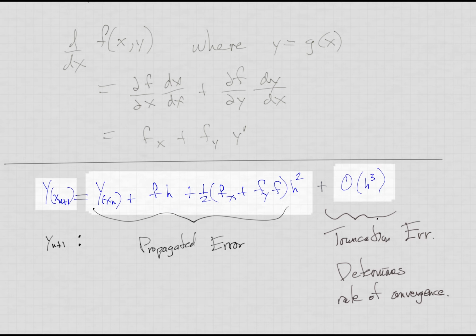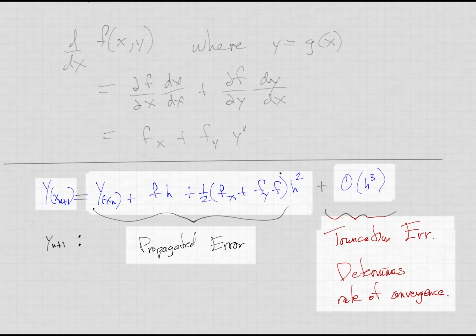Now, recall that the truncation error determines the rate of convergence, right? Because if you've established, for example, that the truncation error is of order h squared, as we did with the Euler formula, then we know that that'll result in an overall error of order h, 1 degree lower, and that's because the propagated error will just continue to be on the same order as the previous propagated error from the previous step. So here's what we want to do.